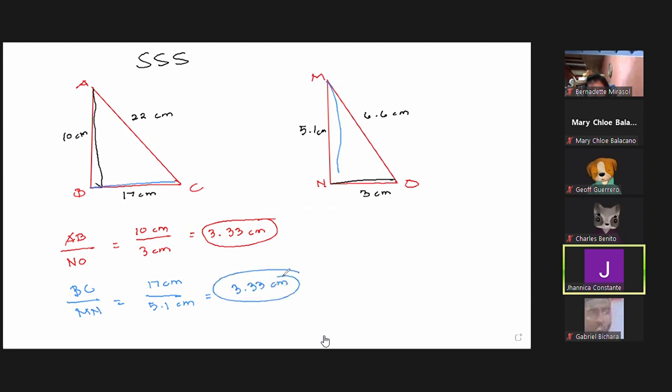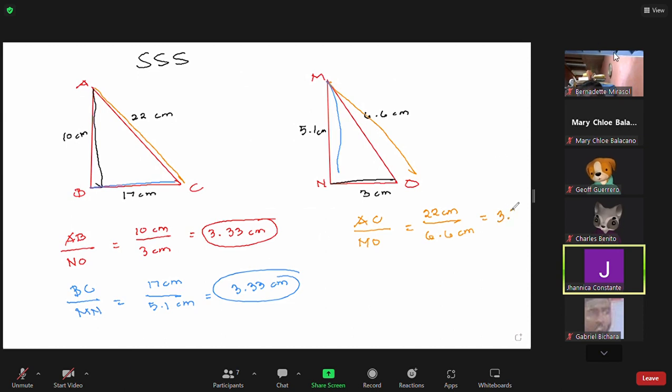Okay, so it's the same with the first corresponding part that we have. The last corresponding parts are side AC and side MO. So AC divided by MO, which is 22 centimeters divided by 6.6 centimeters, is also equal to 3.33.